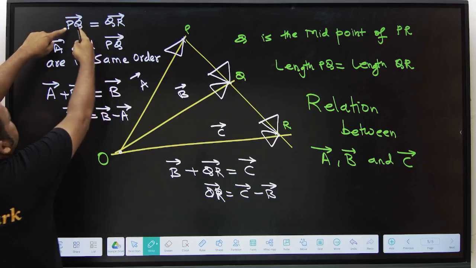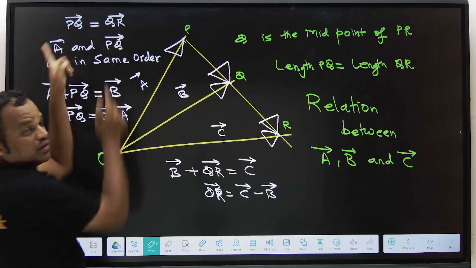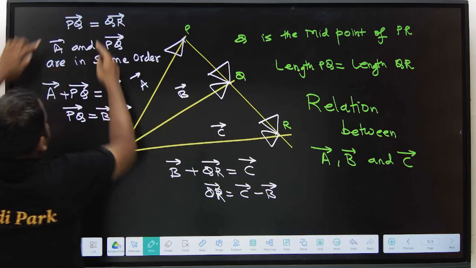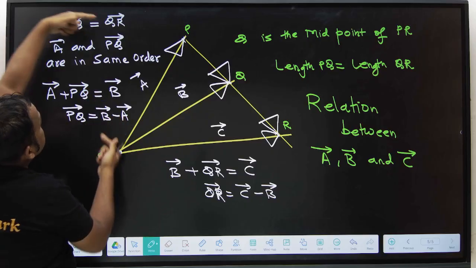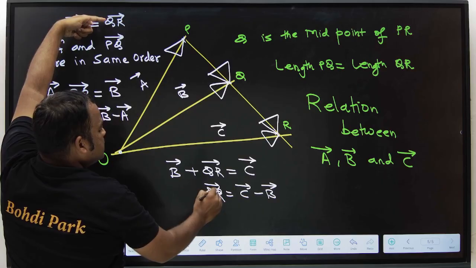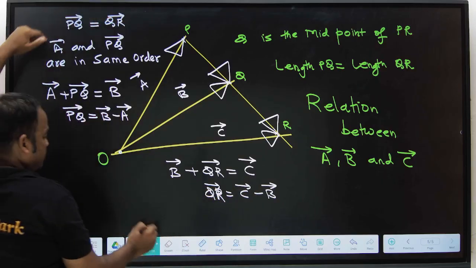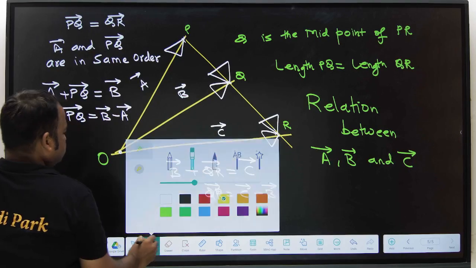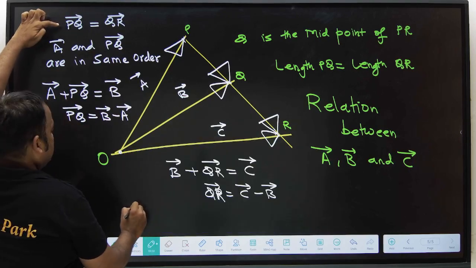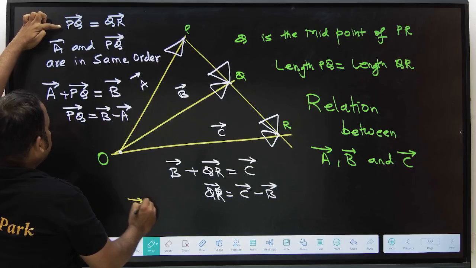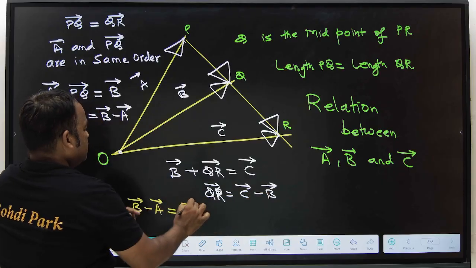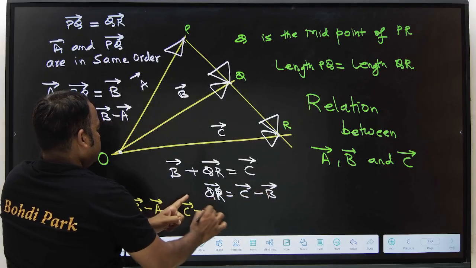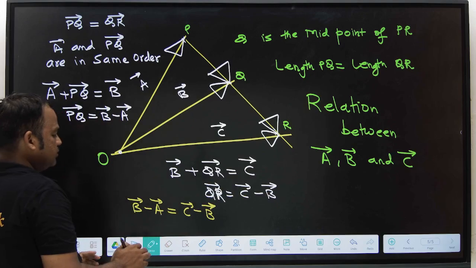Now we will substitute PQ vector and QR vector. Using this, we have PQ vector as B minus A and QR vector as C minus B. So we will substitute: B vector minus A vector is equal to C vector minus B vector.